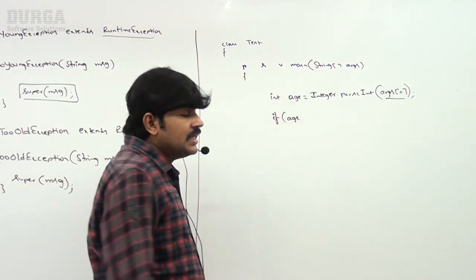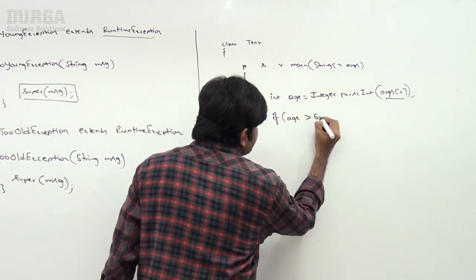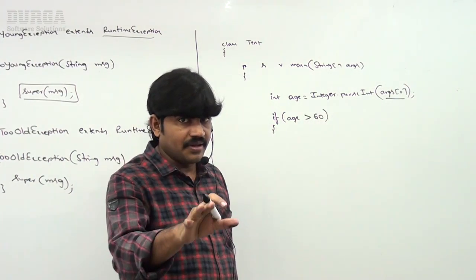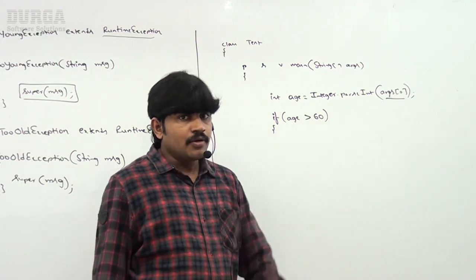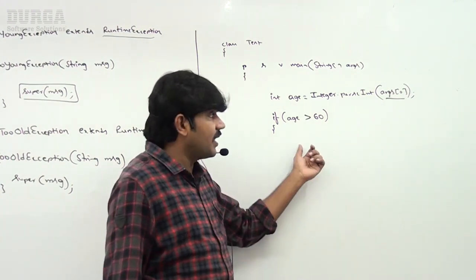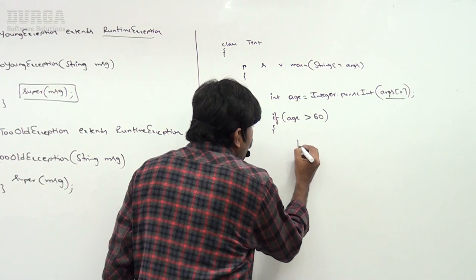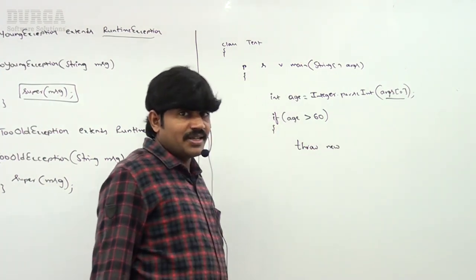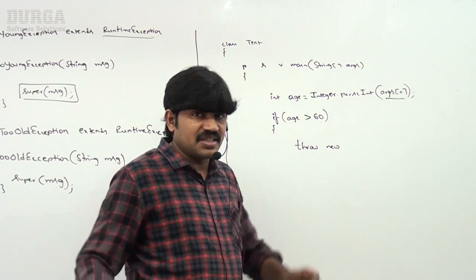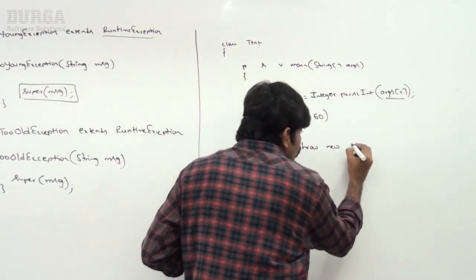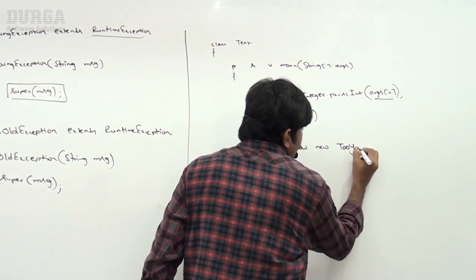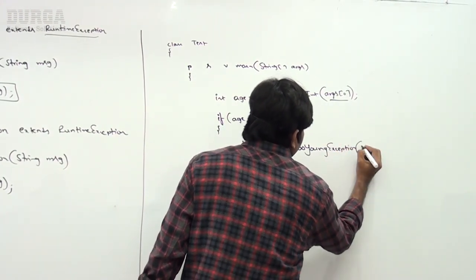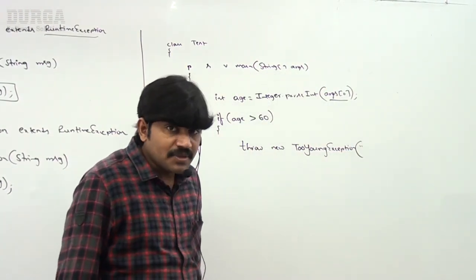If age is greater than 60 years, sorry, my matrimonial application won't provide support, then I have to raise: throw new TooOldException. Just for fun, let me take TooYoungException. I want to pass some description also.